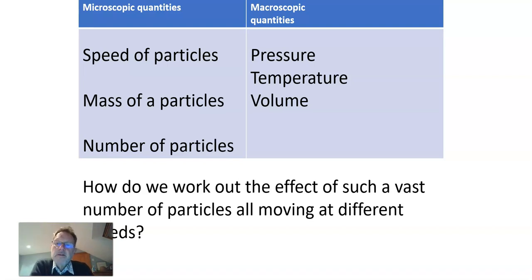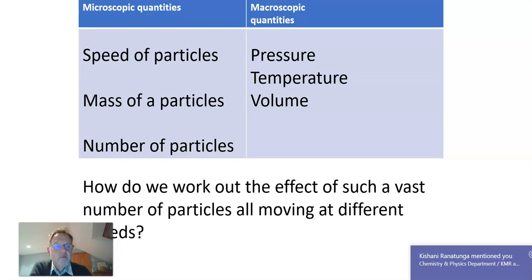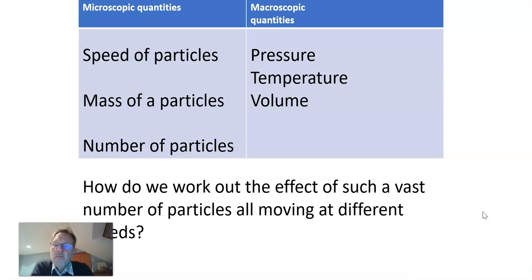One of the things that is quite different about this topic is that we are talking about vast numbers of particles, all moving at different speeds. How on earth could we possibly come up with a model or a mechanics model that would take into account every single particle so we'd know what the overall effect would be? And really we can't treat this type of work in the same way.